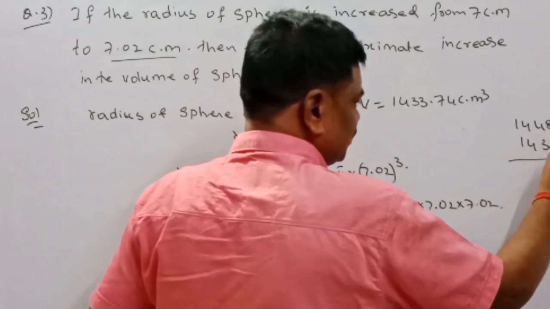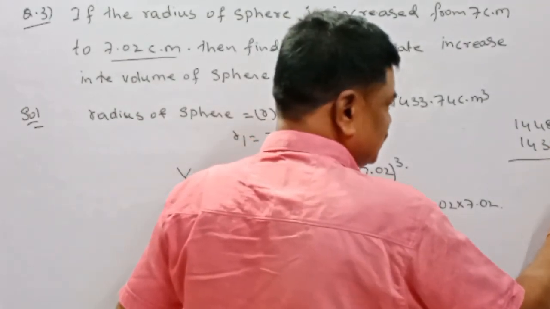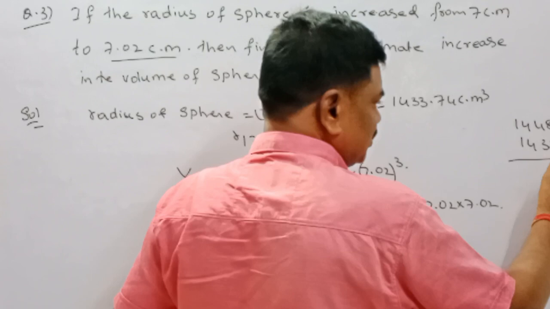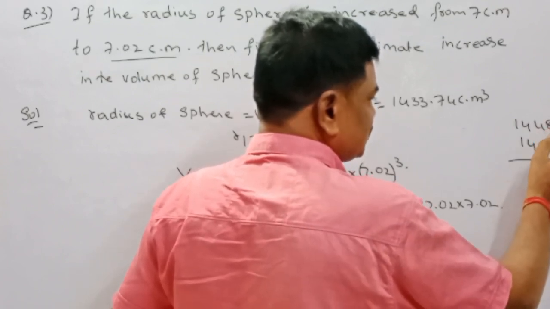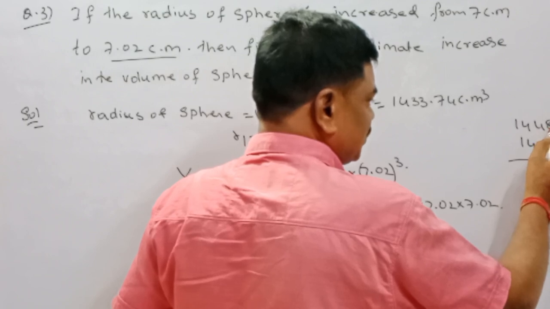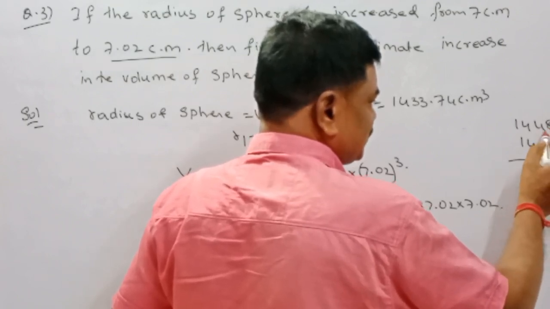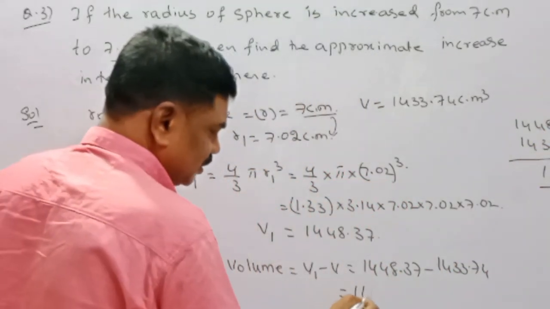Here 17 minus 4, 7 minus 4, 3. Here 13 minus 7, 6. Here 7 minus 3, 4, 4 minus 3, 1. 14.63.